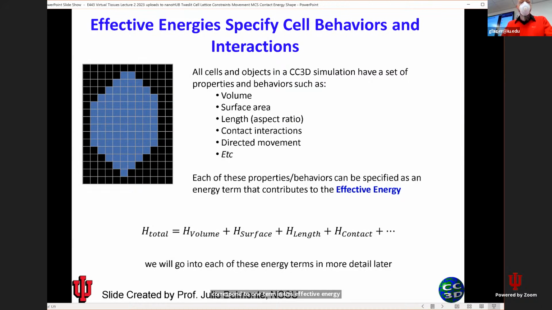So, for example, cells are going to have a volume. And so you're going to have an effective energy term that says my cell should have a volume of such and such. You might say that the cell has a surface area. So you're going to have an effective energy term that says the cell should have a surface area of such and such. I might say that the cell is elongated. So I measure the moment of inertia of the cell and say that the moments of inertia should be such and such.